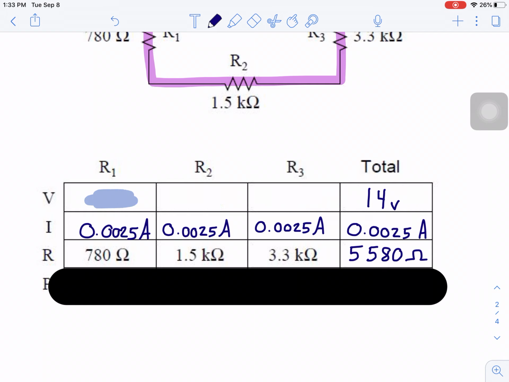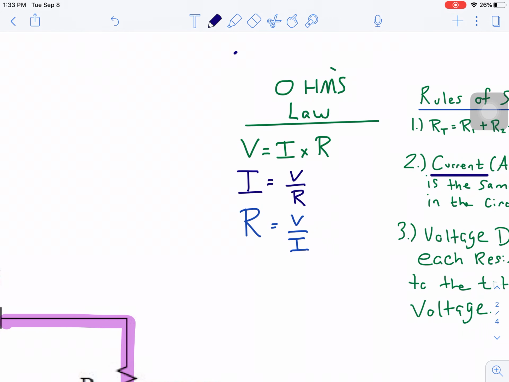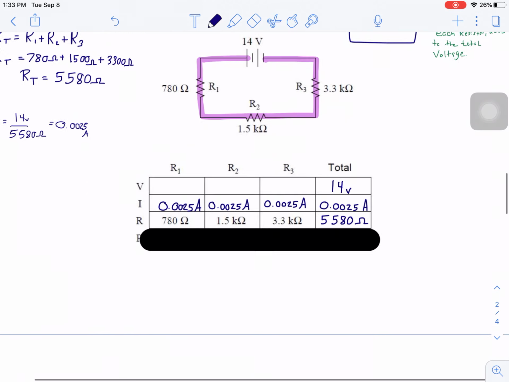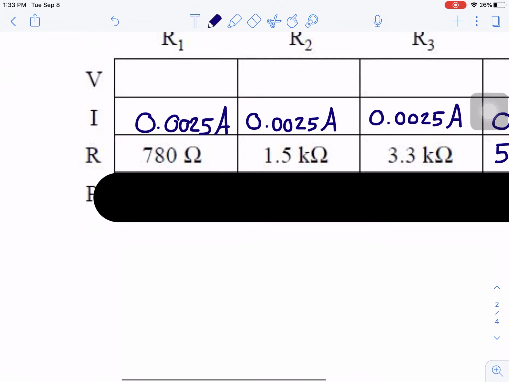And anytime we need exact numbers, we should probably look at Ohm's law, where I know voltage equals current times resistance. So if I look at this chart, there's a few ways to look at it. I like to think about it like this.